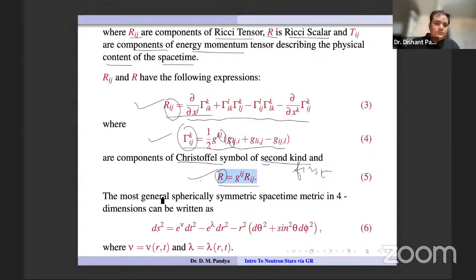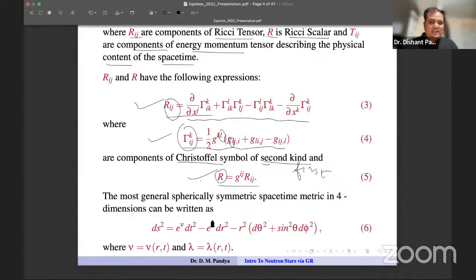Now the most general spherically symmetric space-time can be given by this equation number 6. This is very important. We have basically converted our XYZ T into a spherical polar coordinate system.